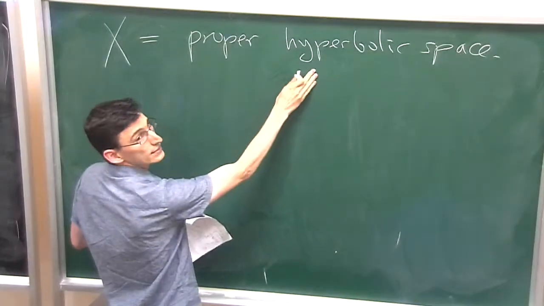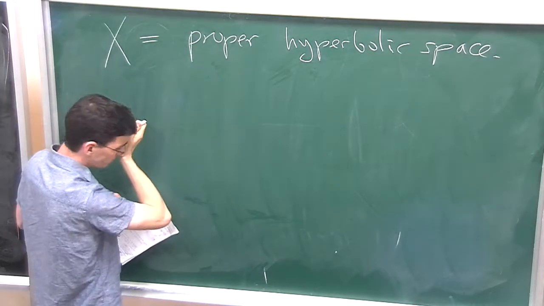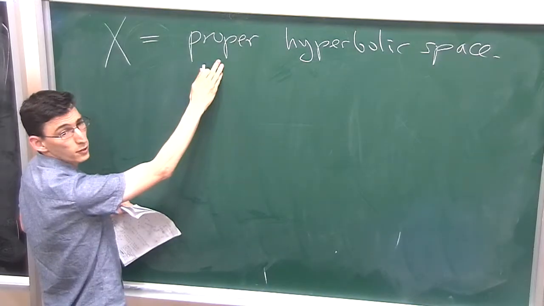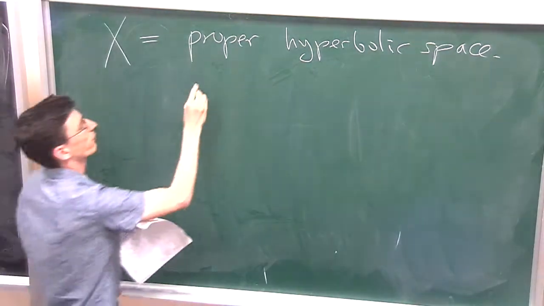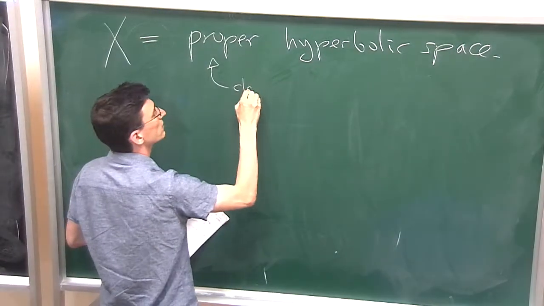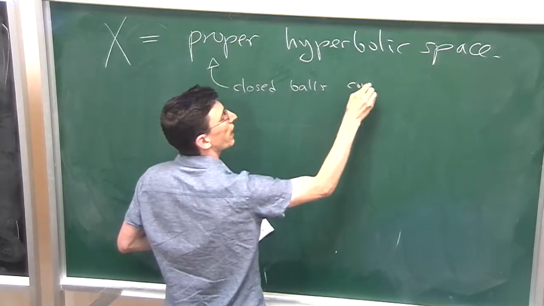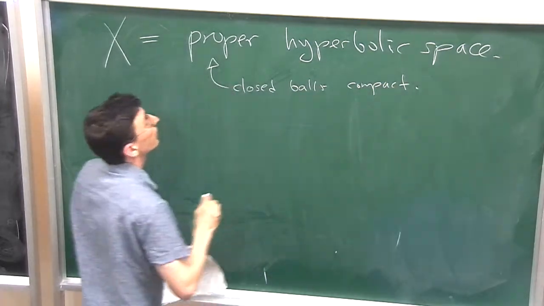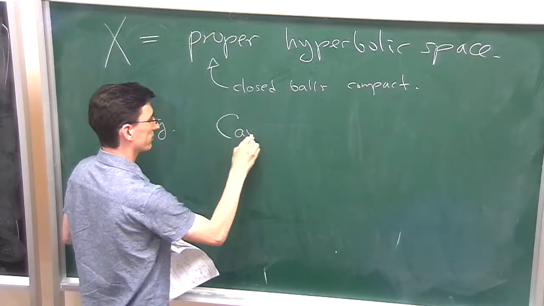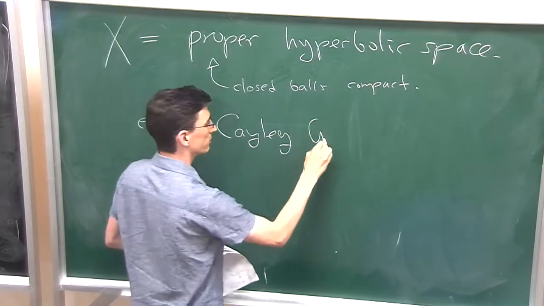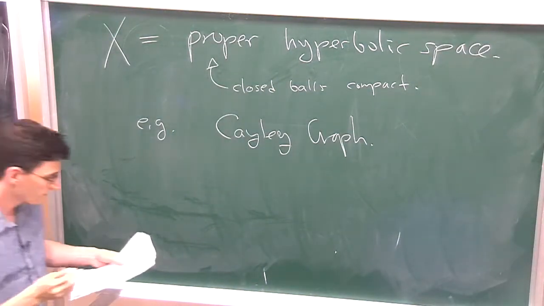This means delta hyperbolic for some delta, and this means I want closed balls to be compact. Let me write that down: closed balls compact. For example, a Cayley graph. So when in doubt, just think Cayley graph.